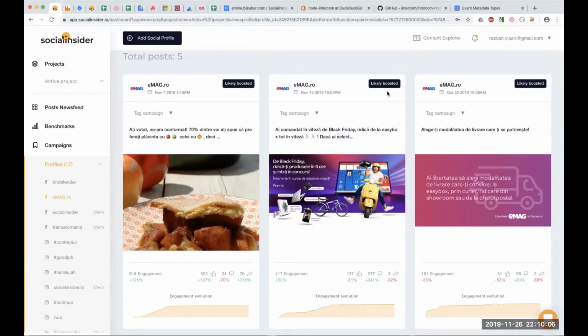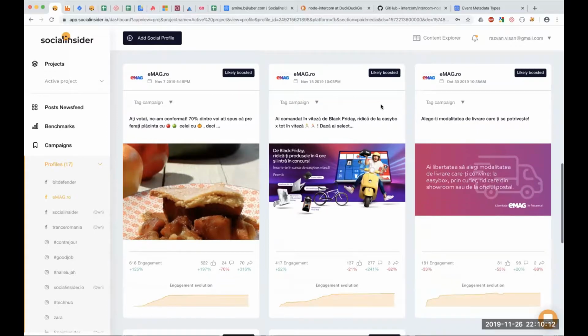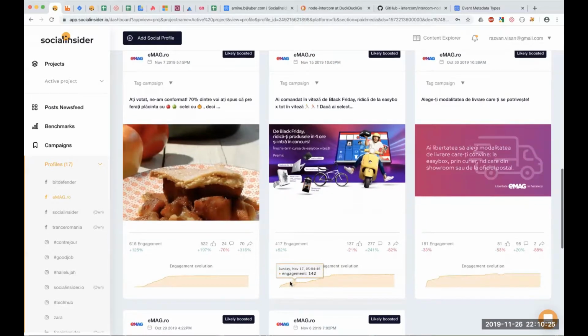What does this have to do with the history? Well, the connection is easy, because if you add a page today, and for instance, you want to see which posts were boosted in 2018, we won't be able to have the engagement evolution.